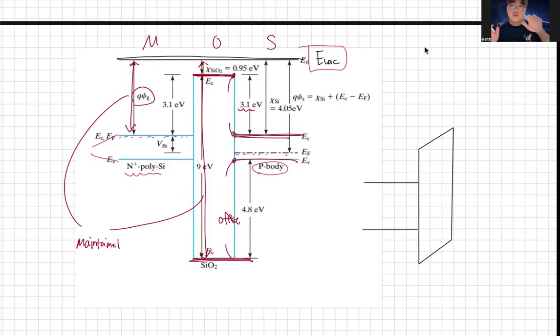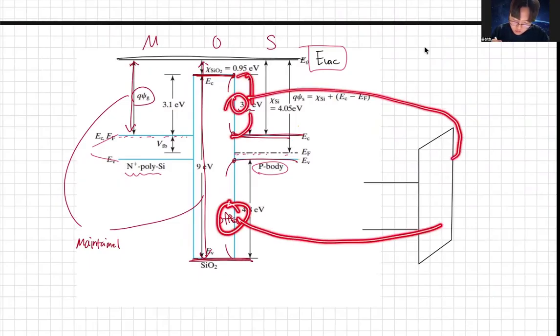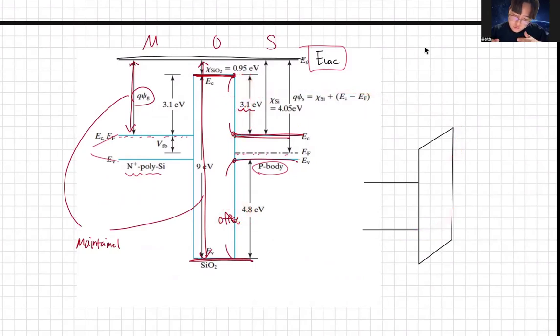Because we have to keep this offset, we make the slope here and here, because the conduction band of the p-type is drawn like this, and the Fermi level of the p-type here like this.